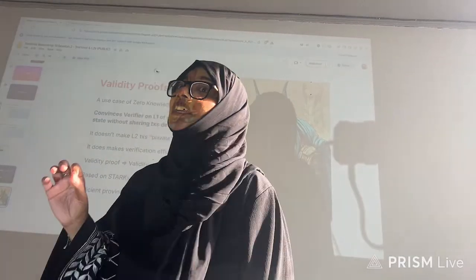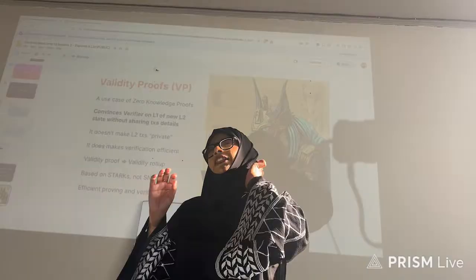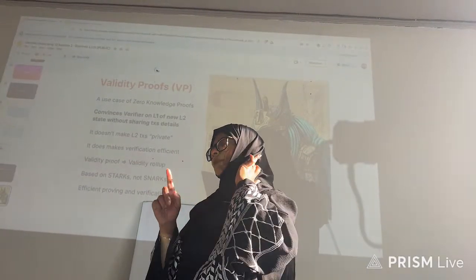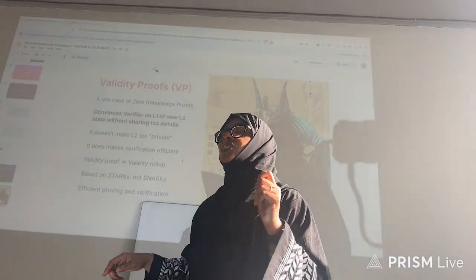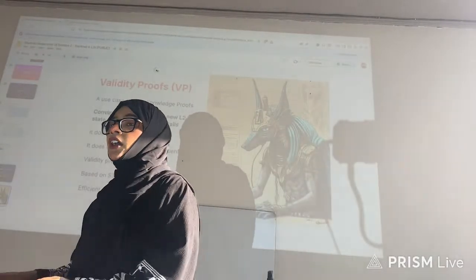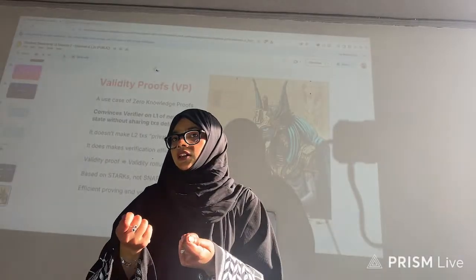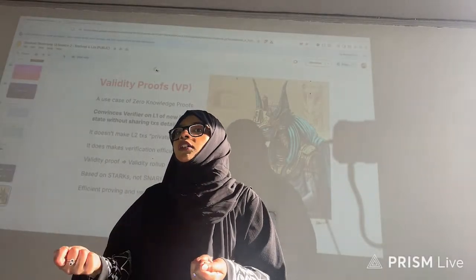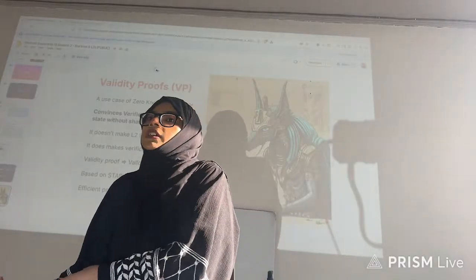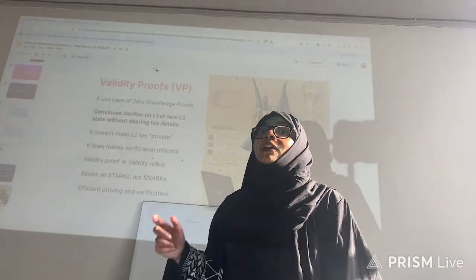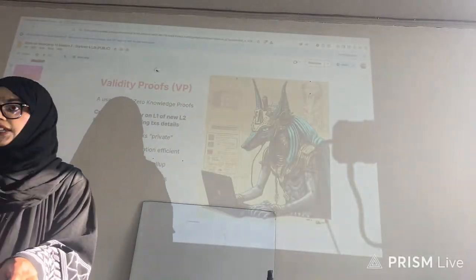Now, yesterday, something that we missed: the last time I was conducting this Basecamp, one of the students asked whether generating validity proofs, in a computational sense, is more expensive than an optimistic fraud proof. Because fraud proofs are only generated when somebody points out malicious activity.